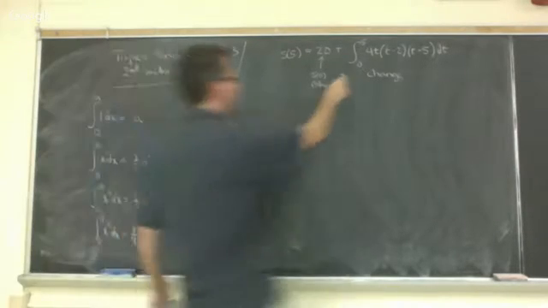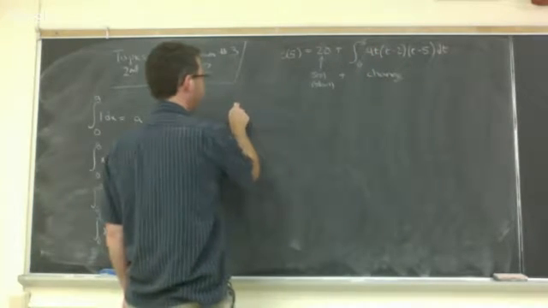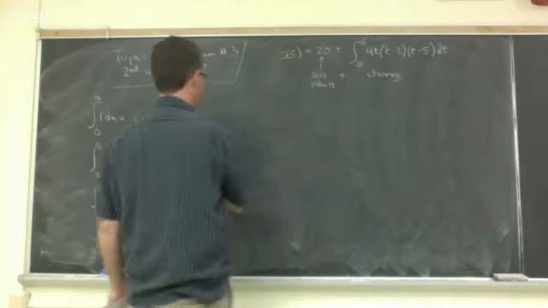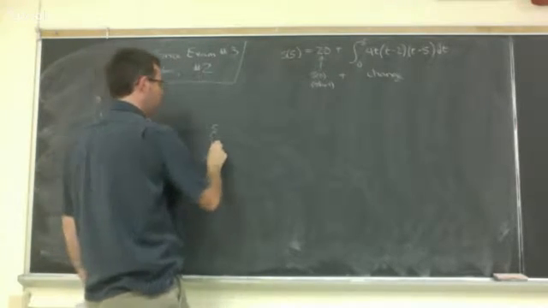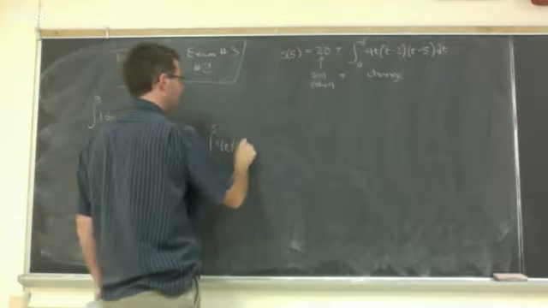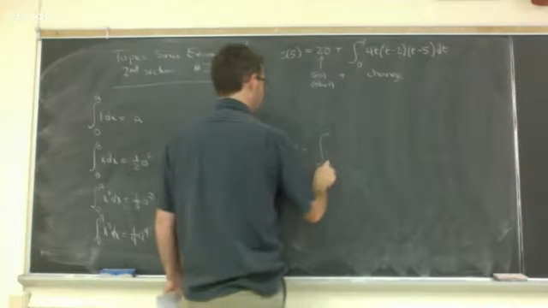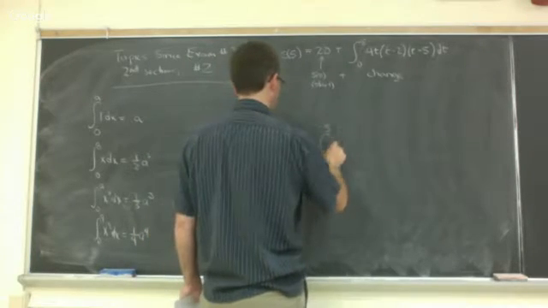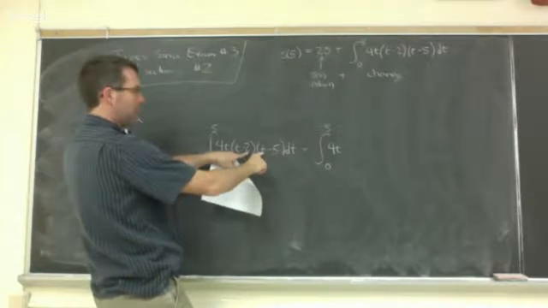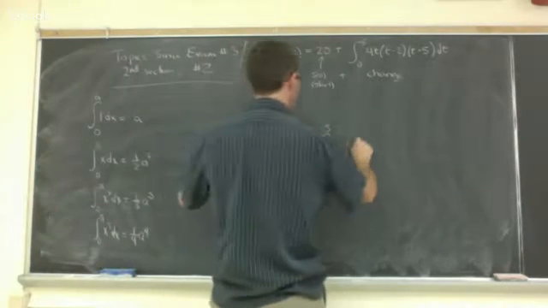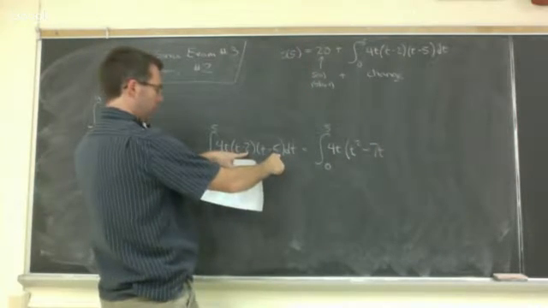So what I need to do is expand by multiplying this all out. I'm going to leave a little space so I can substitute up there. The integral from 0 to 5 of 4t times (t minus 2) times (t minus 5). Let's use FOIL. So I get t squared minus 7t plus 10.